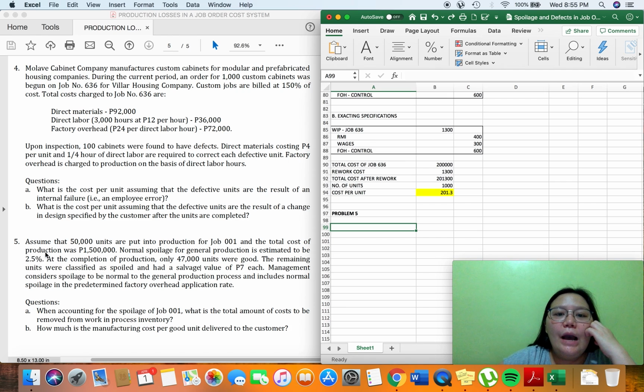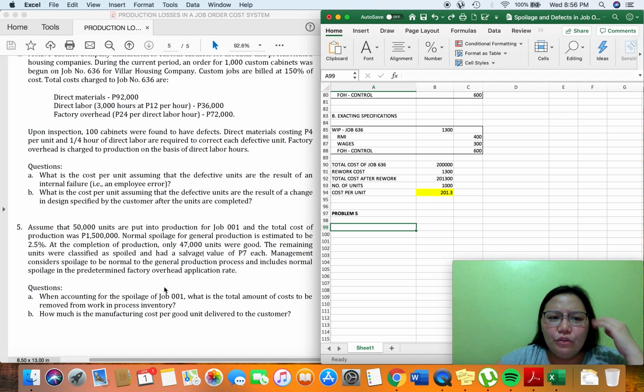But for the abnormal, anything beyond this threshold, which is 2.5%, will be considered as a period cost. So, expense outright siya. Okay? Sige. So, basahin niyo yung handout. Nandun naman lahat.